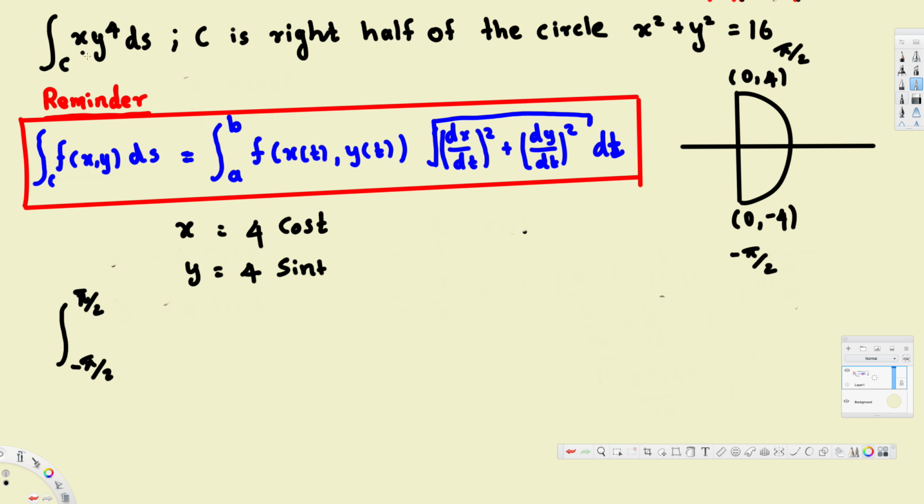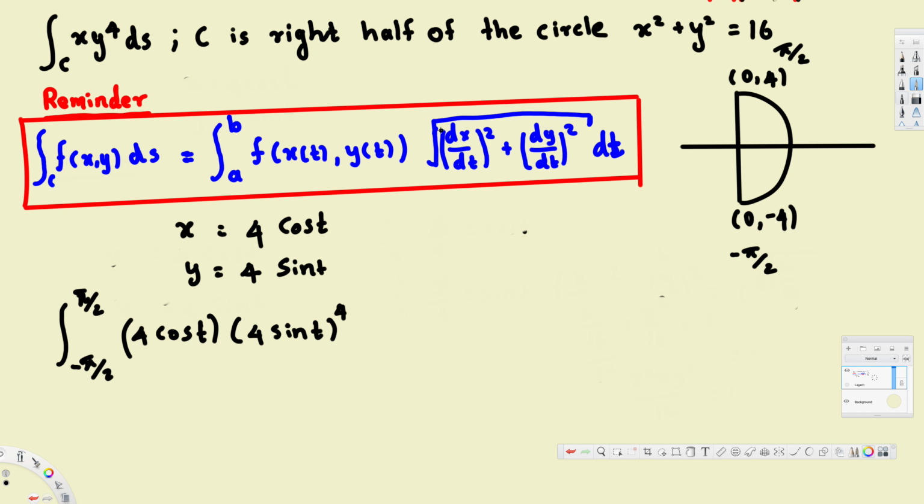For the x value we plug in 4 cos t, so this is just 4 cos t here. Then we multiply this one with y to the power 4, and that's going to be 4 sin t, and this one is powered by 4, so this is going to be to the power 4 here.